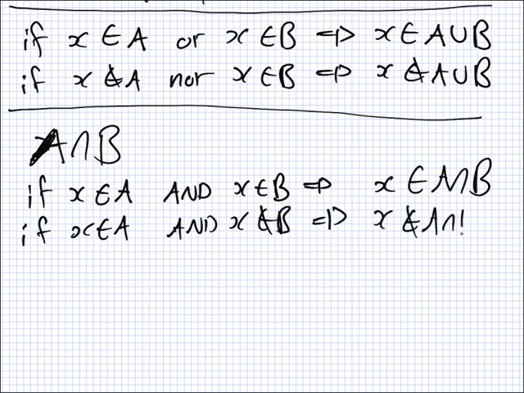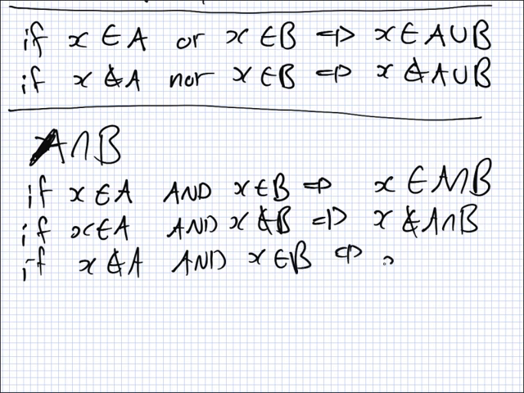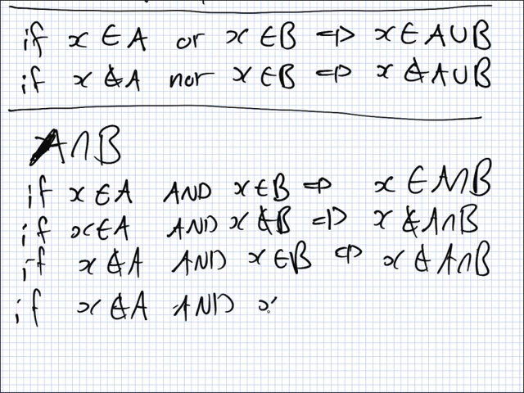No. What about if x is not in A and x is in B? It's not in the intersection. And I think you see where this is going. If x is not in A and x is not in B, then x is not in the intersection. Okay? So this is the definition, in a way, of the intersection. For it to be in the intersection, it has to be in both the originals.